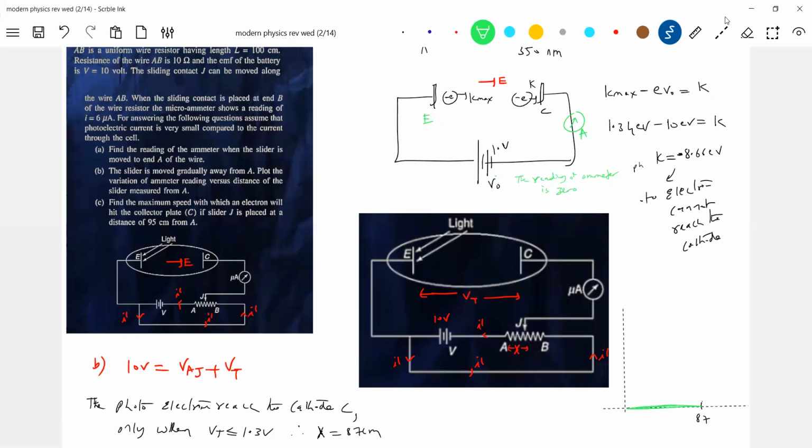Also it will be linear, no? Finally, when it is at B, what will happen? We'll get a maximum current.